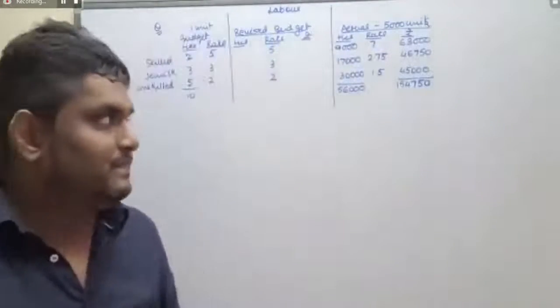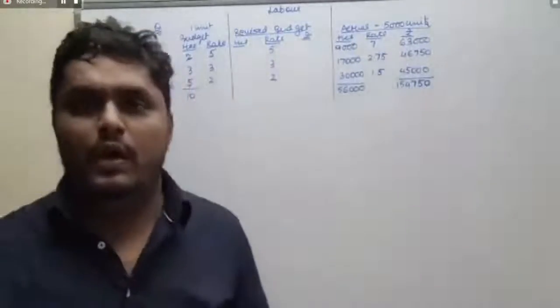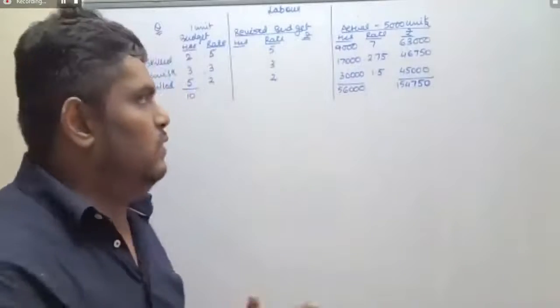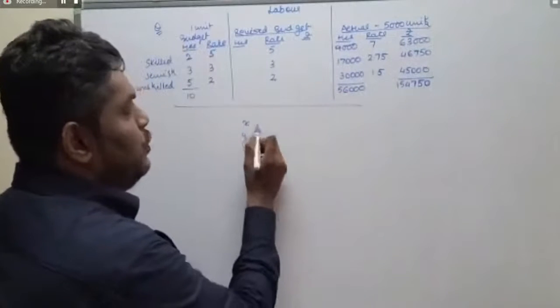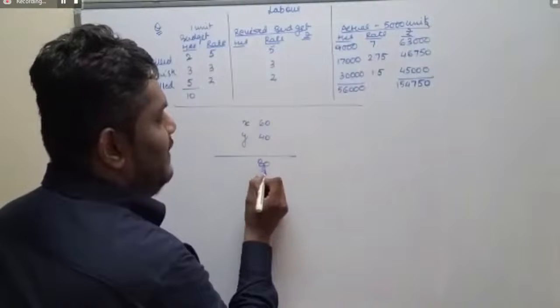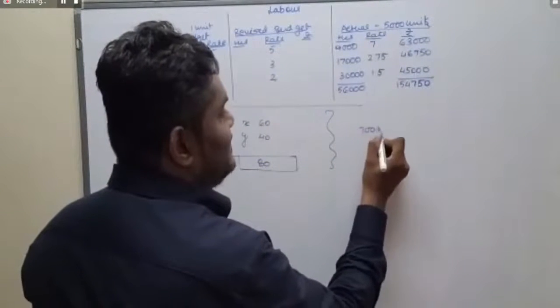Now, guys, Renuka, you also see, because I'll be addressing your query also now only. See, in the last question, there were two raw materials X and Y, 60 and 40 for final output of 80. And the actual output was 700 units.